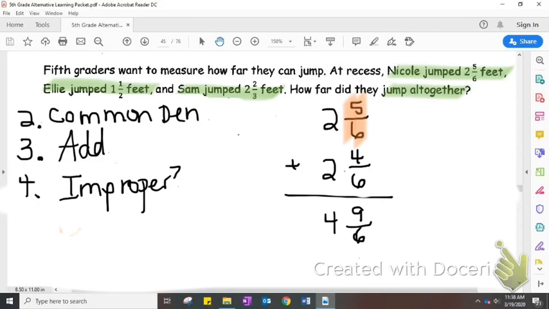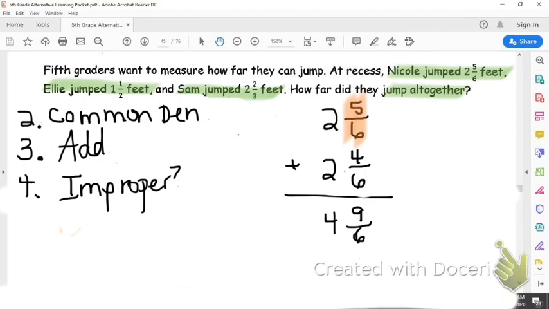I'm going to do it both ways for the sake of letting you choose. Give you a moment to try the one you like the best. Trying to give myself more space. Okay, so 4 and 9/6. For now, I'm actually going to keep that 4 off, and I'll just focus on the fraction part.